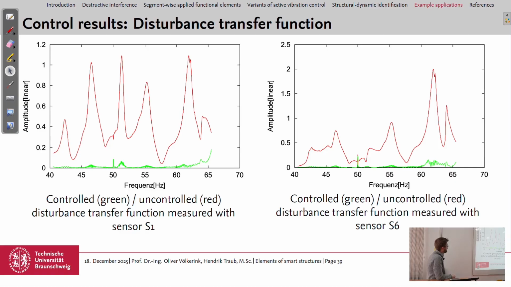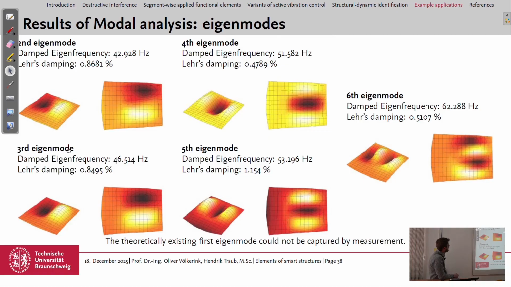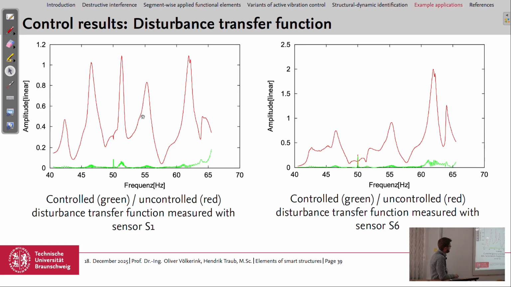We can here see the second, third, fourth, fifth, sixth eigenmode again. So if we look here, it's between 40 and 45, maybe 42, 43 Hertz, which corresponds to this eigenmode. And with activated control, at least the eigenmodes from 2 to 6 could be calmed down.